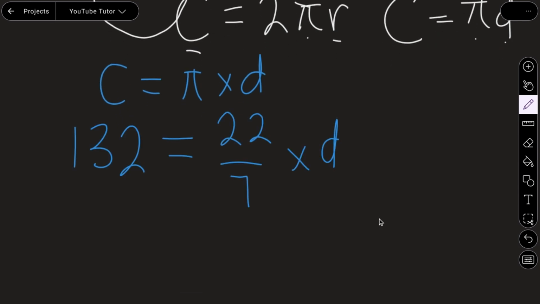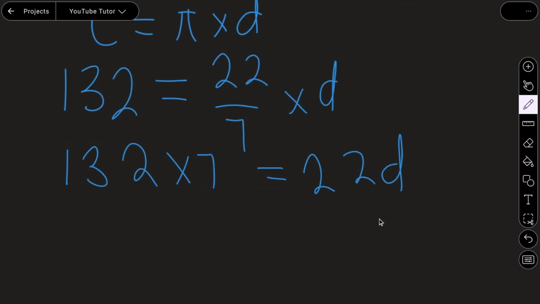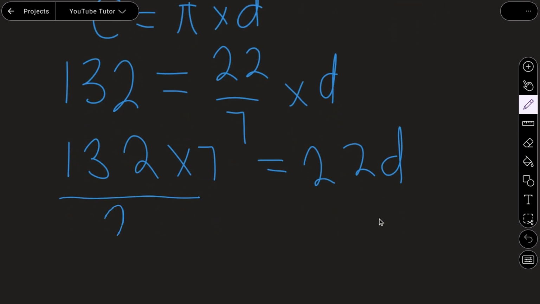Okay, so with that, what I'm going to do now is multiply 2 by 7. So we are going to get 132 times 7 is equal to 22d. And with this, we can divide 2 by 22.